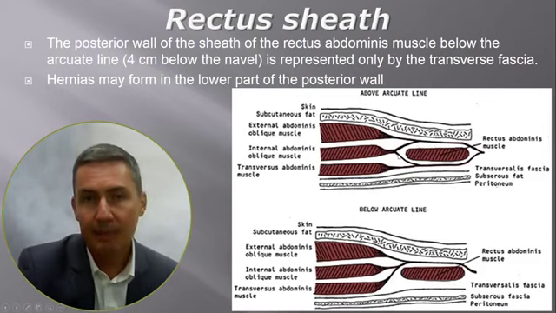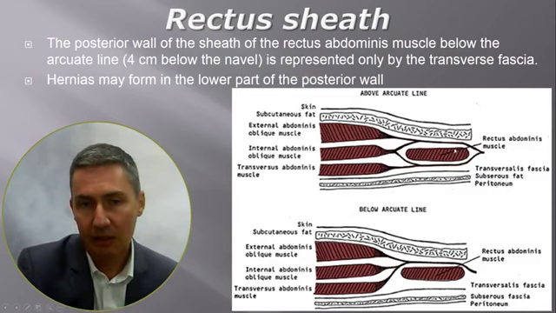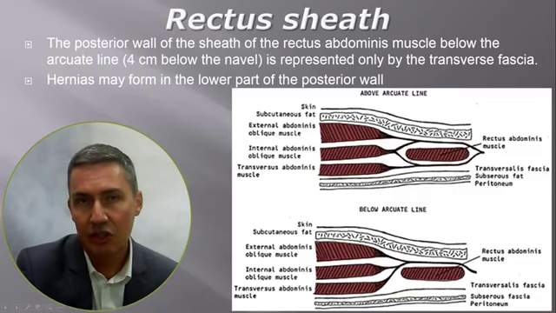The deep plate passes posteriorly to the rectus abdominis muscle, so it participates in the formation of the posterior wall of the rectus sheath together with the complete aponeurosis of the transverse abdominis muscle.